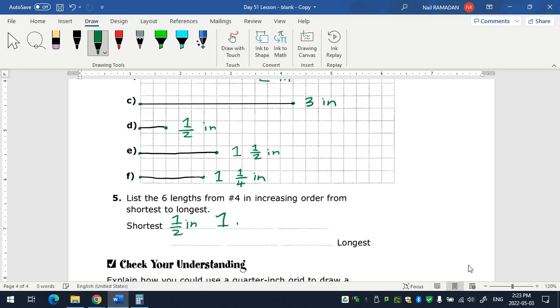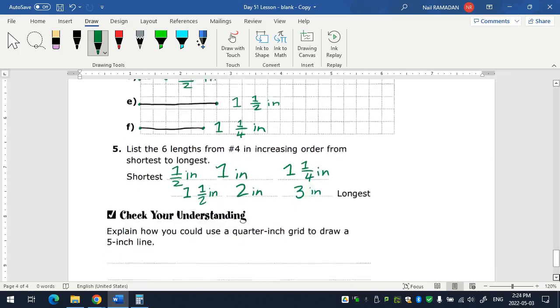Then 1 inch. I have something in between those. 1 and 1/4. Keep going. 1 and 1/2, and then 2, and then 3. Perfect. You got it.